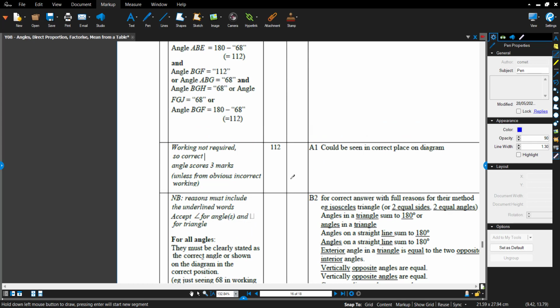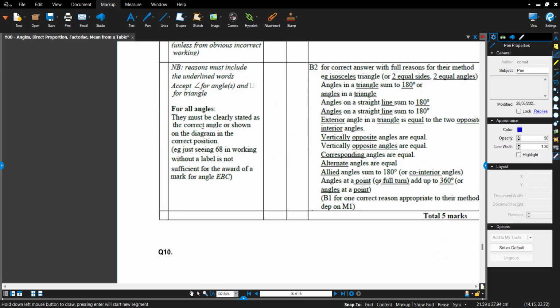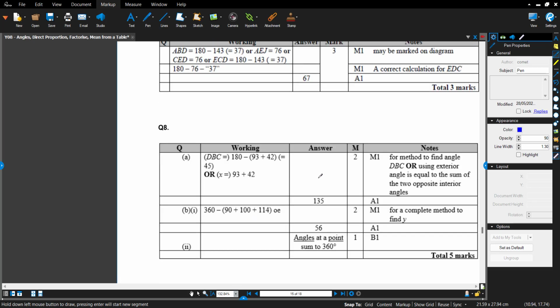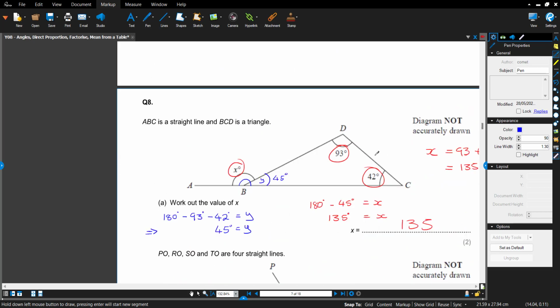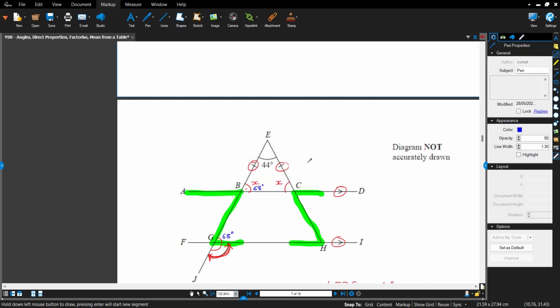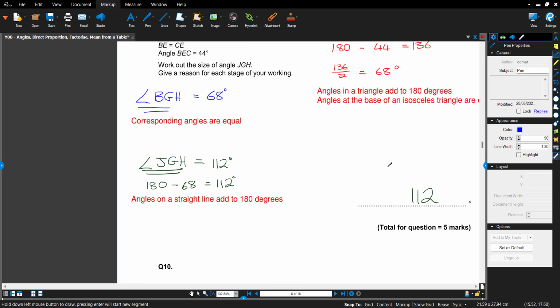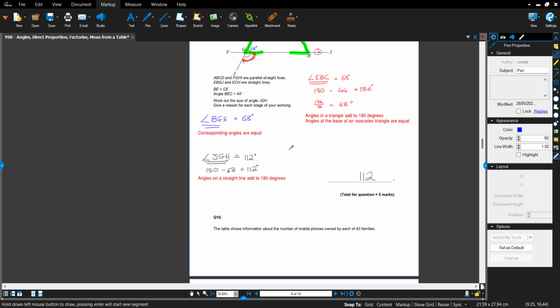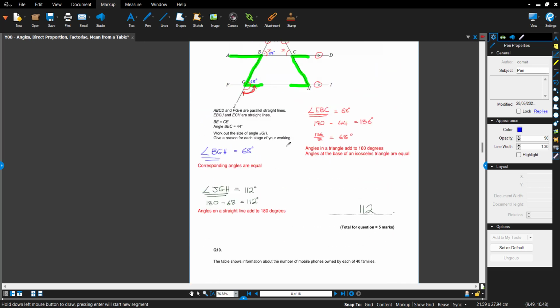So it's 112 degrees. Yeah, there you go. 112 degrees. Sorry, question 8 was 56. 135 and 56. Okay. 135, yes. 56, yes. And we got 112. Yeah, perfect. So this shows you, always good to double check.